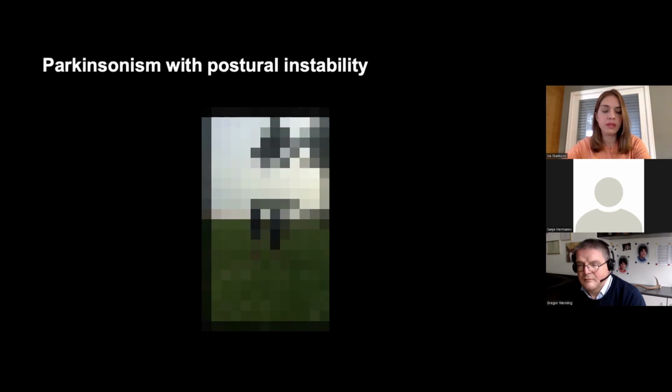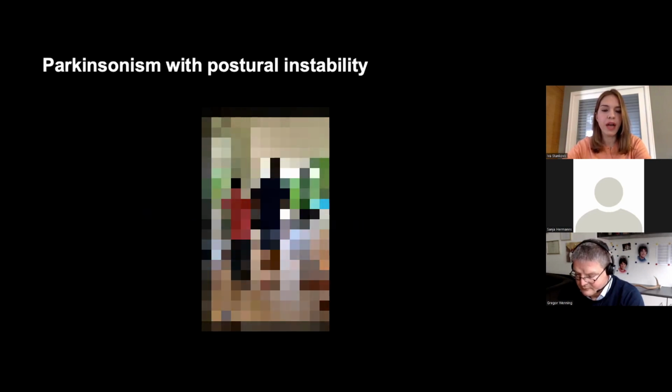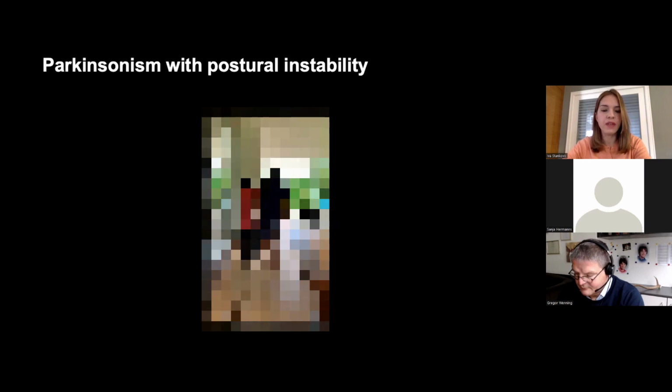Next patient is 2 years into his disease course, and you can see that he presents with a slower and broad-based gait, but not really much more than that. And then after 1.5 years, he develops a very severe gait impairment requiring help of another person. He is very unstable and has postural instability, which I would like to highlight here as a very distinctive clinical feature in early disease stages of MSA versus Parkinson's disease.